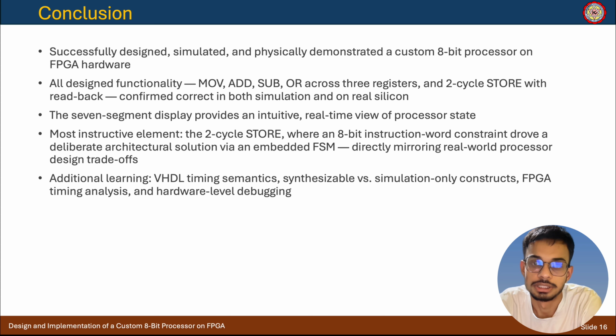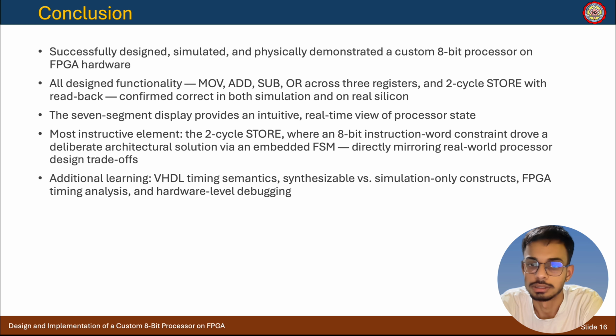Conclusion: we successfully designed and simulated this 8-bit processor on FPGA hardware, with all the functionality of the opcodes like move, add, subtract, or, and store across the 3 registers, and the 7-segment display is done. I already explained the other things.